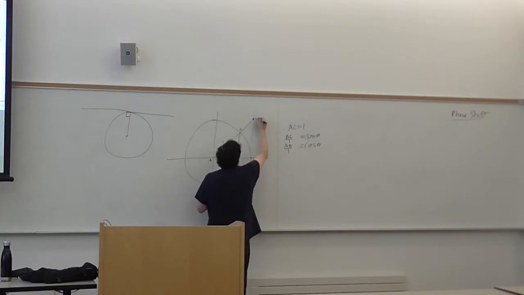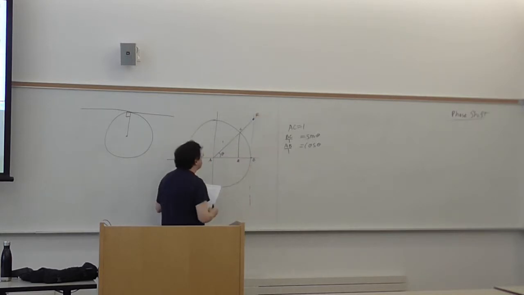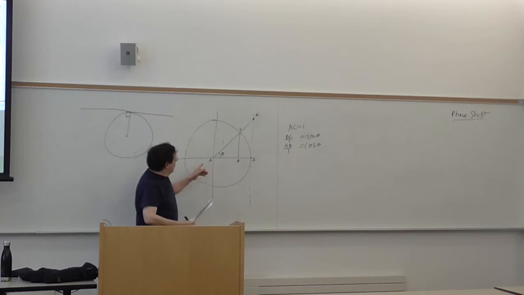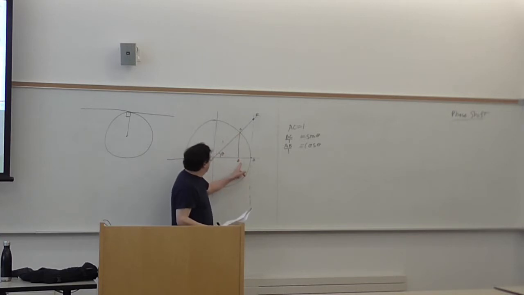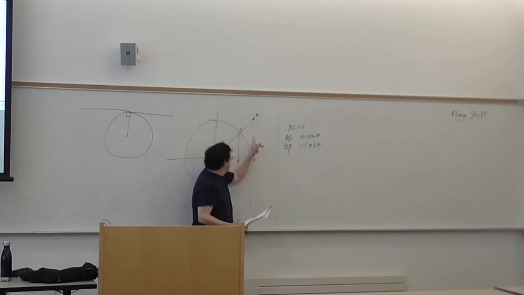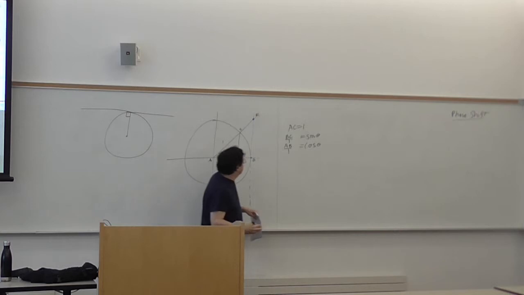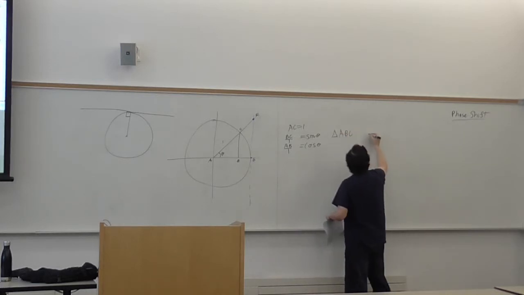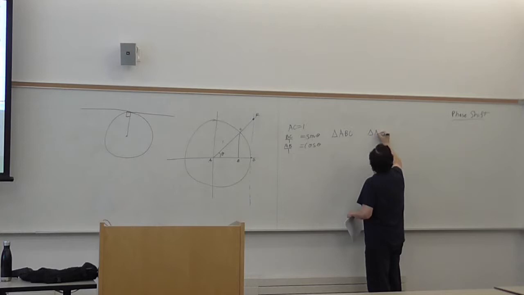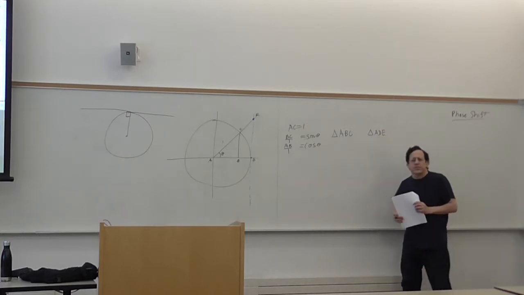We'll call this D and we'll call this E. I hope everybody notices right away that triangle ACB and triangle AED have something in common. They have some relationship, triangle ABC, triangle ADE. Anyone see what that relationship is?